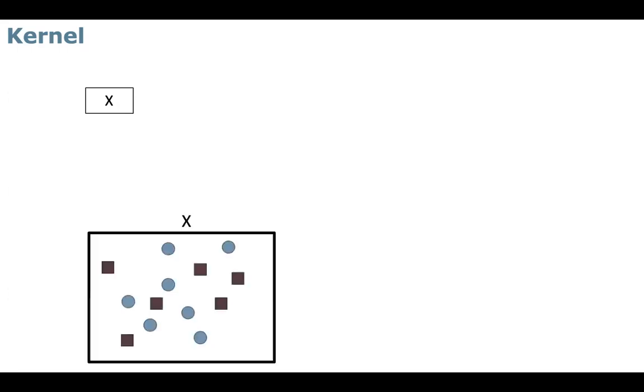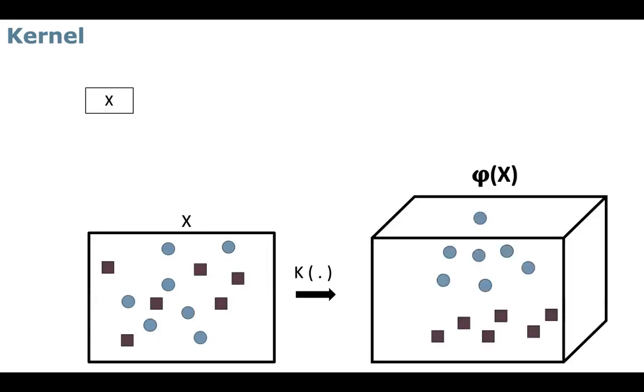When applying support vector machines, when your X cannot be completely separated in the original space, people create this idea called the kernel version, which maps your data samples from the original space, where they cannot be separated, into a higher dimensional space, called phi X, so that in this phi X space you can find two parallel hyperplanes to separate your two classes.